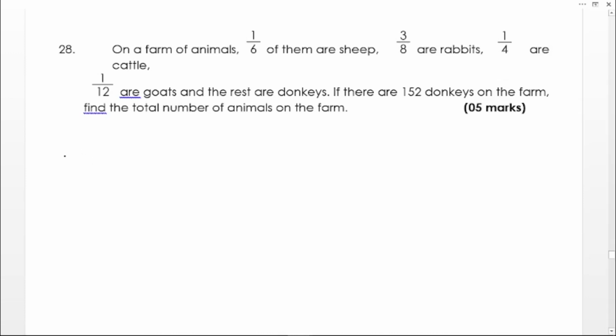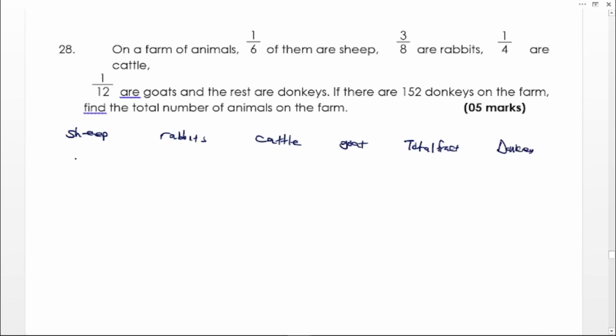We are having many animals here. We are having the sheep, the rabbits, the cattle, the goats, and the total fraction, and we get the fraction for the donkeys there.